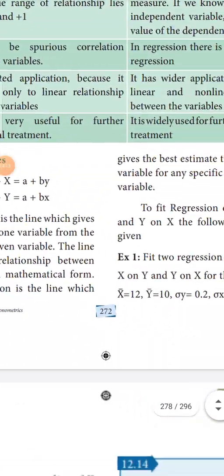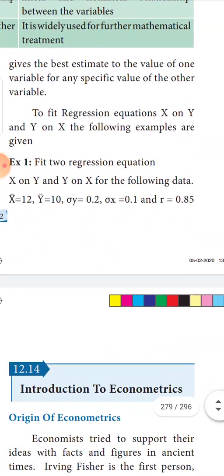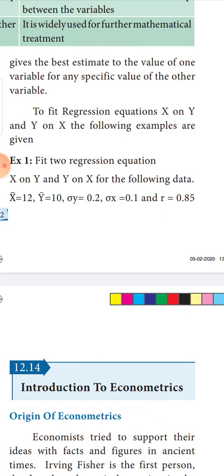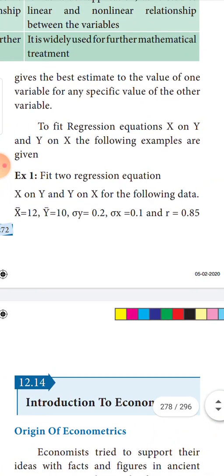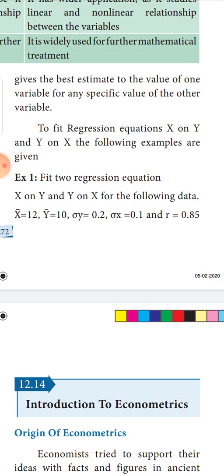Next is another example question, children, in page number 272. Okay, you can also have your textbook with you. As I explain you can just look into the textbook also. Now here, fit two regression equations. You are asked to find out two regression equations with the given data.